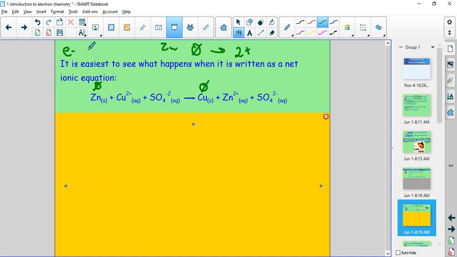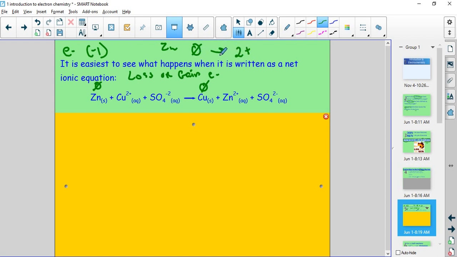So the question is, did zinc lose or gain electrons? Did zinc become more positive or more negative? Here it looks like it would have lost electrons because it became more positive.